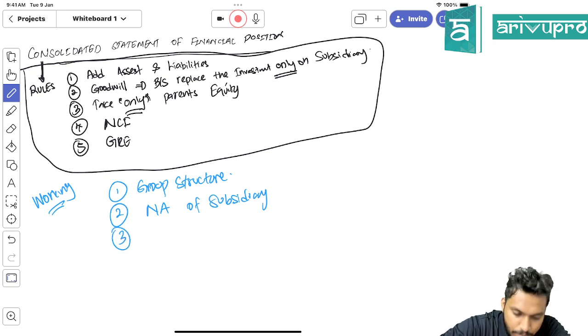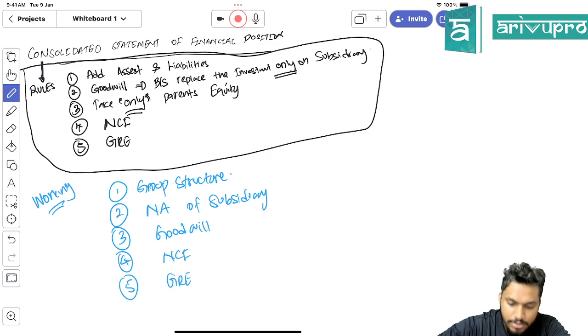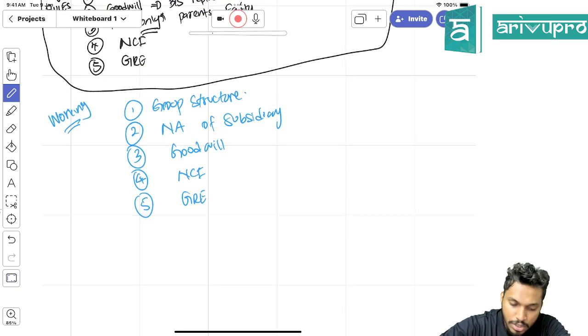Working 3, goodwill. Working 4, non-controlling interest. Working 5, group retained earnings. So these are the workings that you need to do.